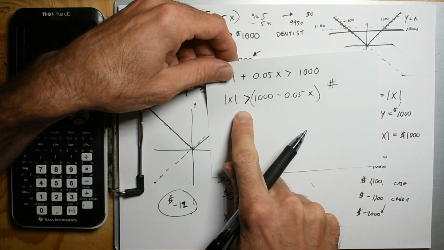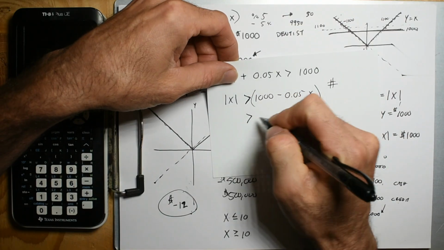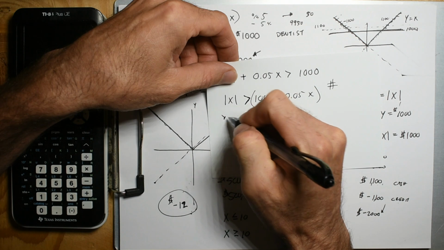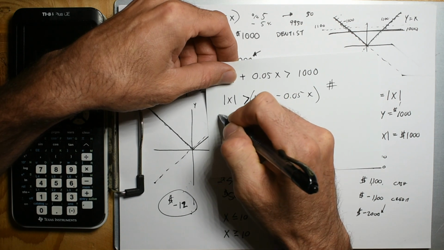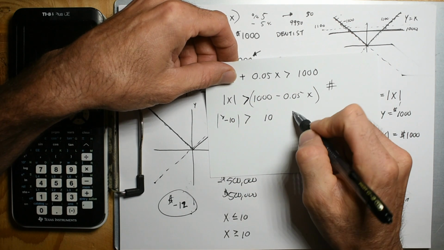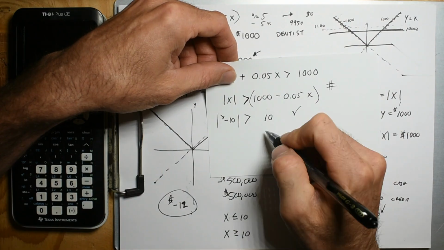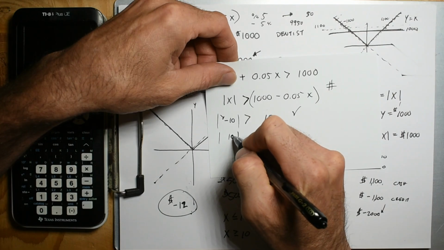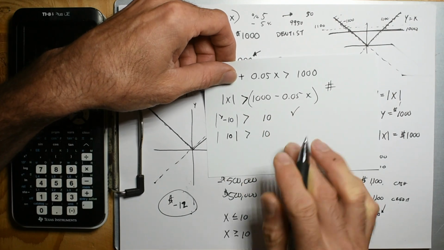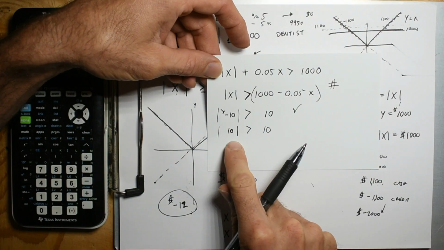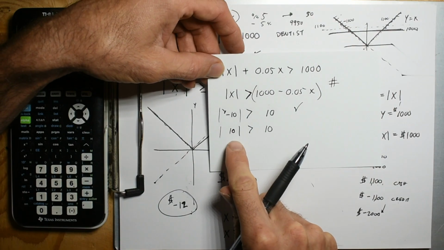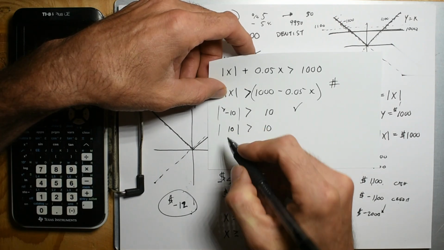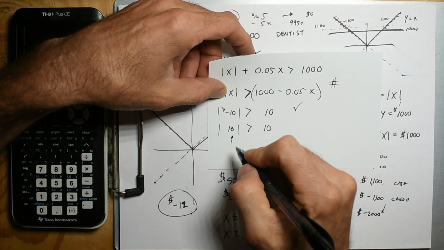Because, let's say this value over here is just 10. The value inside here could be negative 10, but because we have the absolute value, this will check off. Or this could be 10, and this could be just 10. And let's see what happens. If this is 10 is greater than 10, this has to be greater than 10. It has to be like 11.